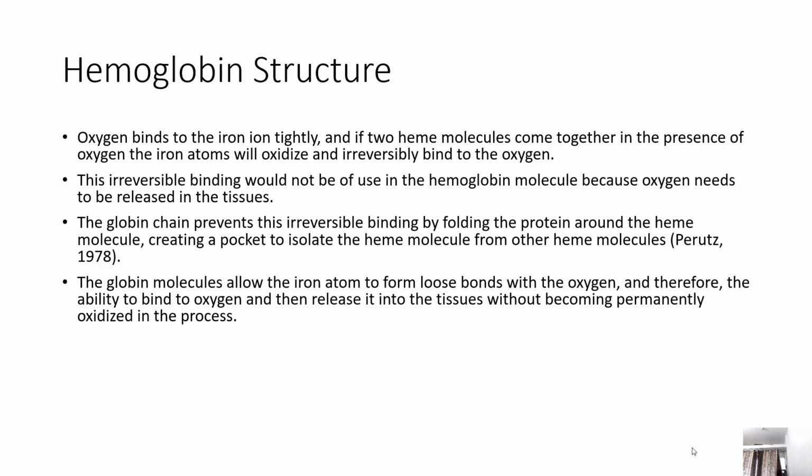The globin chain prevents this by folding the protein around the heme molecule, creating a pocket to isolate the heme molecule from other heme molecules. The globin molecules allow the iron atom to form loose bonds with the oxygen, and therefore the ability to bind oxygen and then release it into the tissues without becoming permanently oxidized in the process.